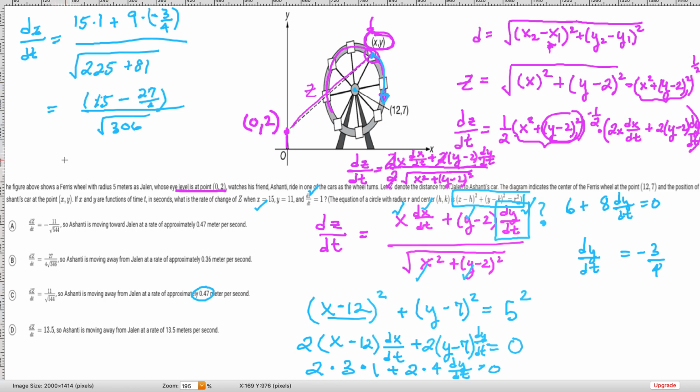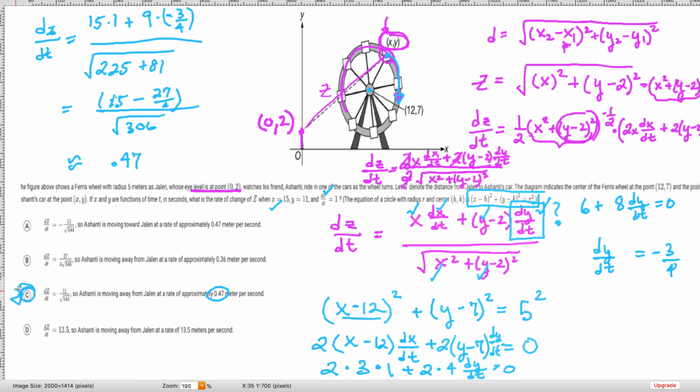Find out what this is. What you'd get is that it's approximately 0.47 meters per second, and C will be the answer. Again, a calculator is allowed for this. Take your time with finding out what dz/dt is after you plug everything in.